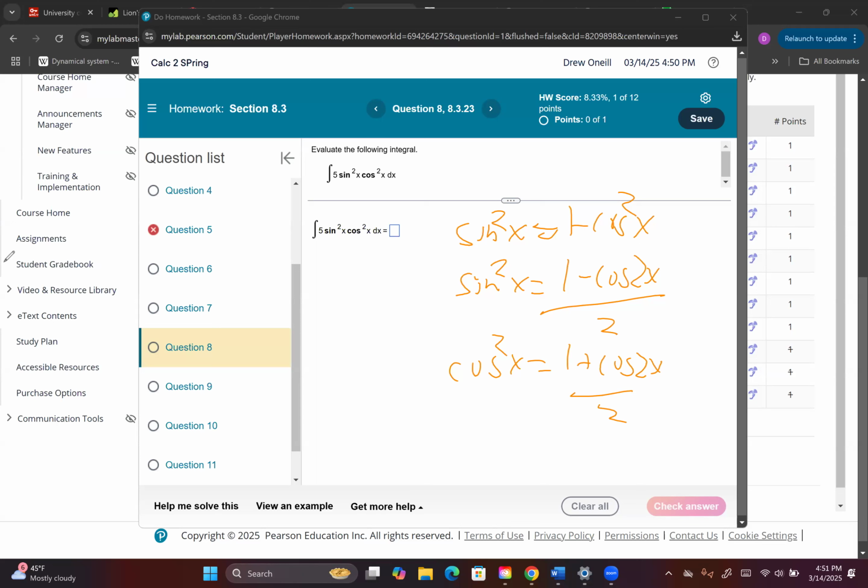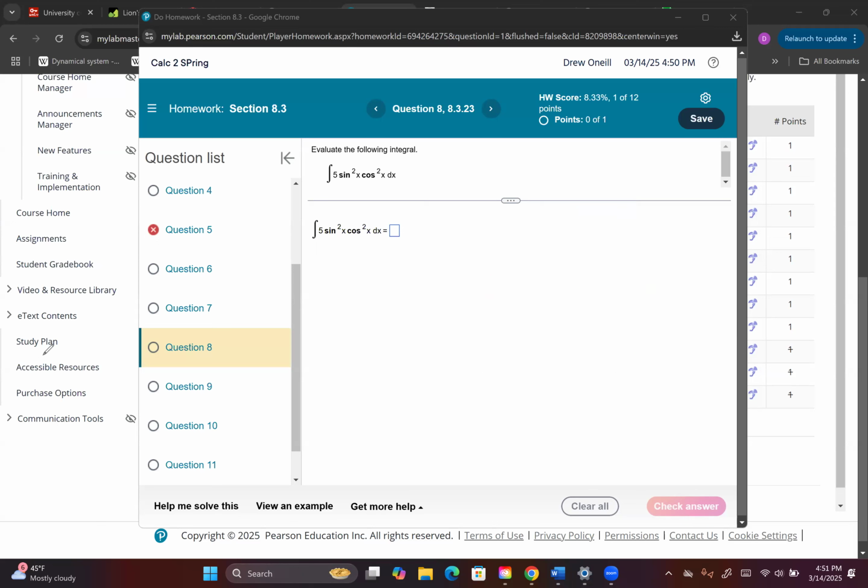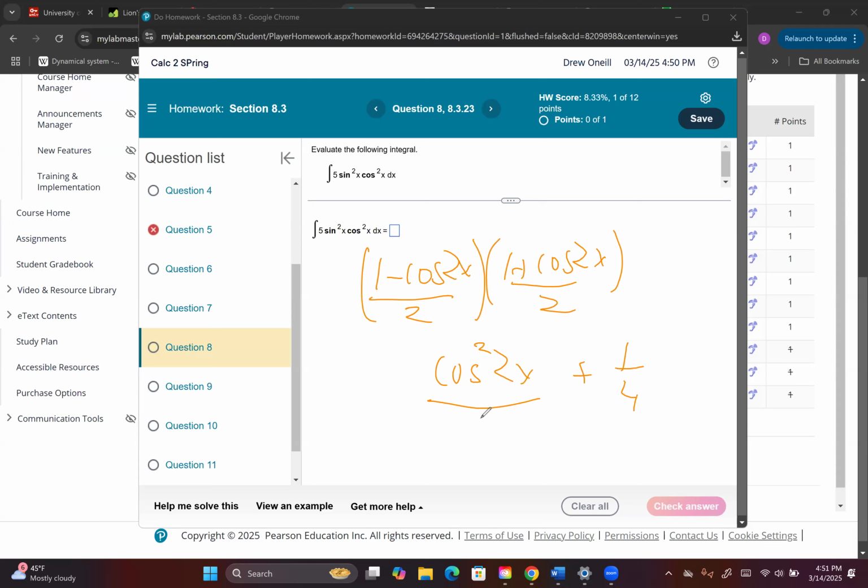If we FOIL this out, we have this, and you can see its difference. So it would be cos 2x squared plus a quarter, and this is over 4, and it's a negative, okay?